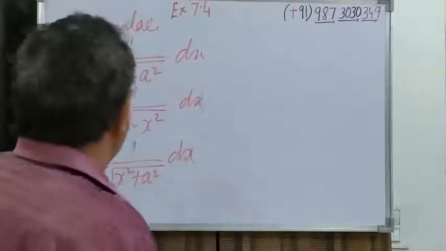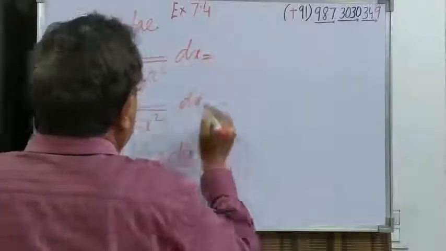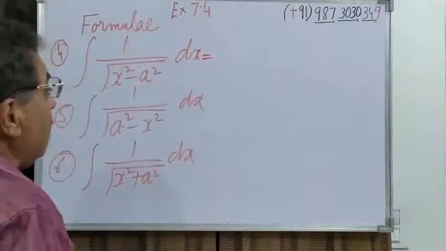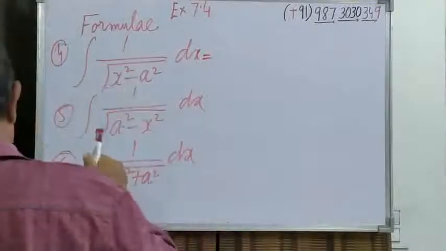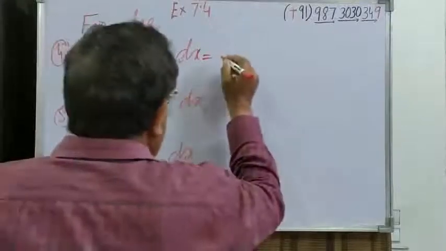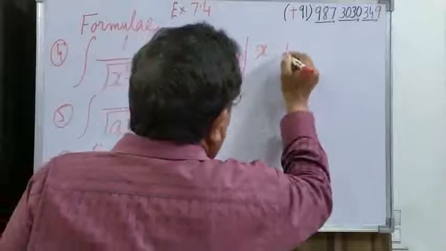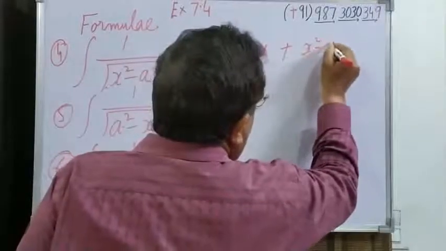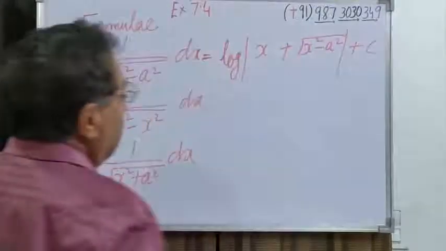The first one is 1 upon the square root of x square minus a square. Whenever you get a difference of x square minus a square under the root, that is equal to log of x plus the square root of x square minus a square, plus c.